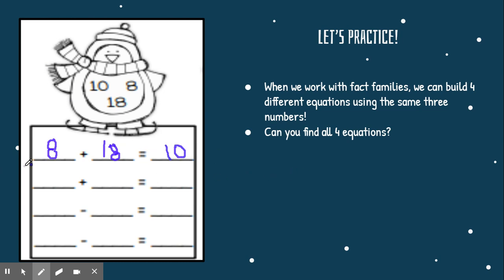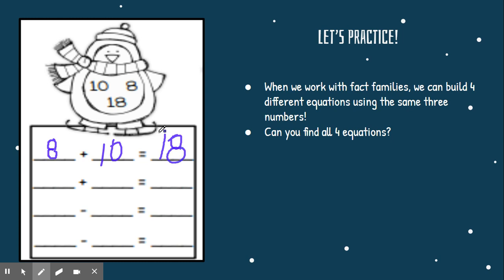Does that make sense to you? 8 plus 18 equals 10? No, that's crazy talk. So what if I switch them around? Now, 8 plus 10 equals 18.